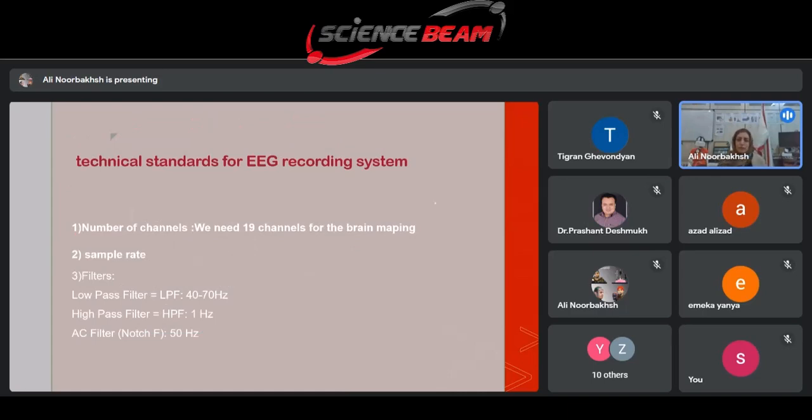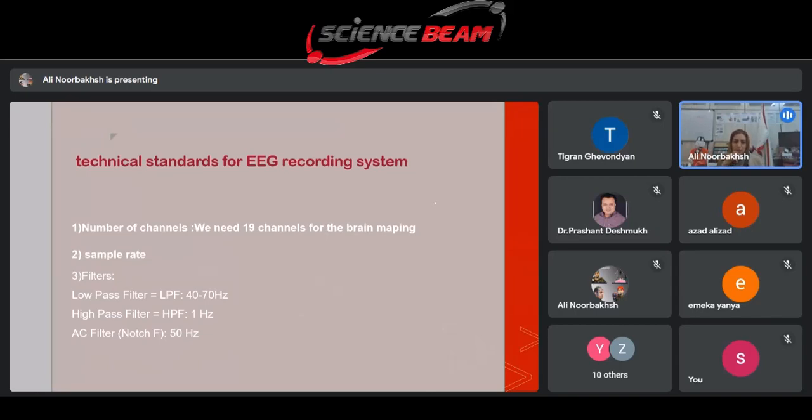Okay, technical standard for EEG recording system. Sampling rate or sampling frequency defines the number of samples per second taken from a continuous signal to make a discrete or digital signal.